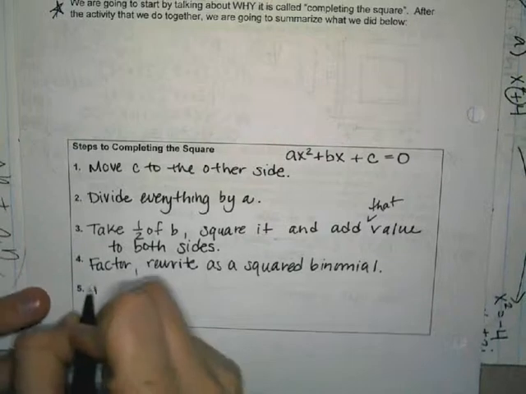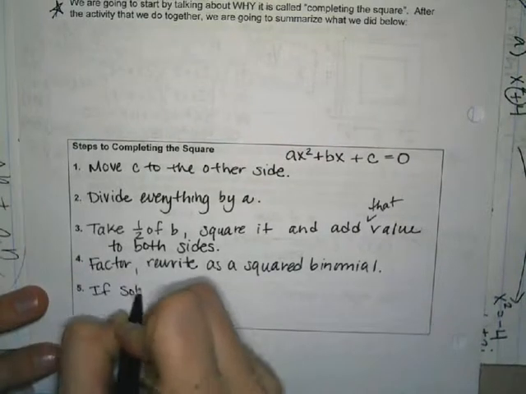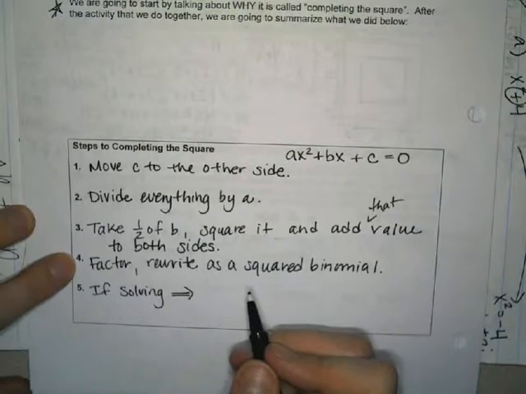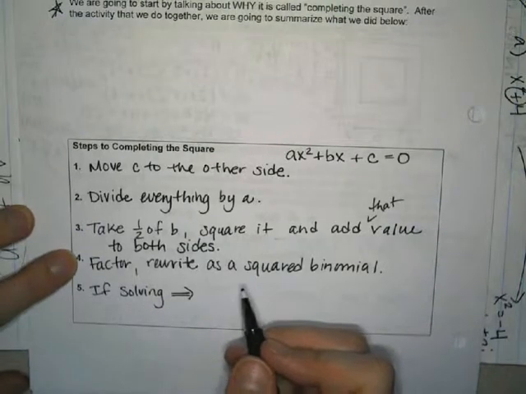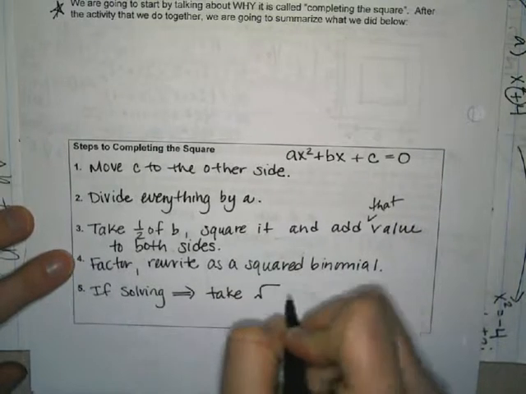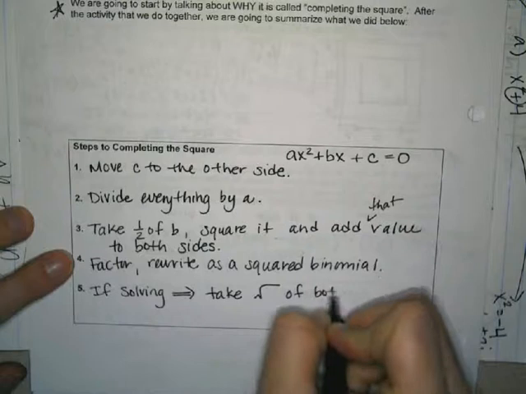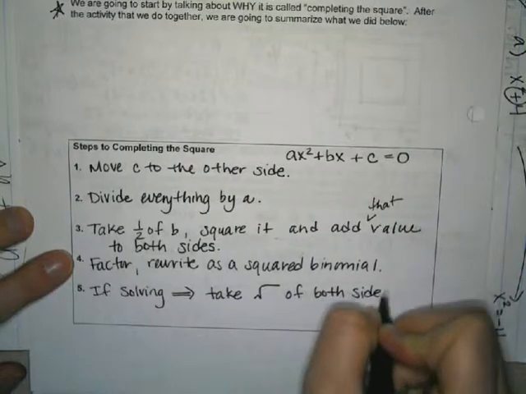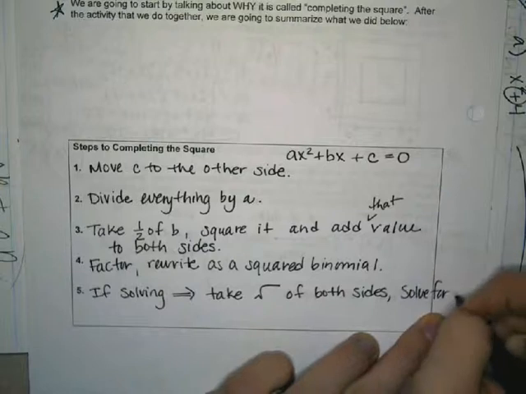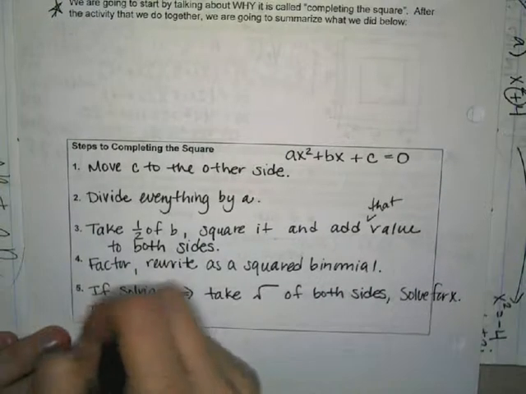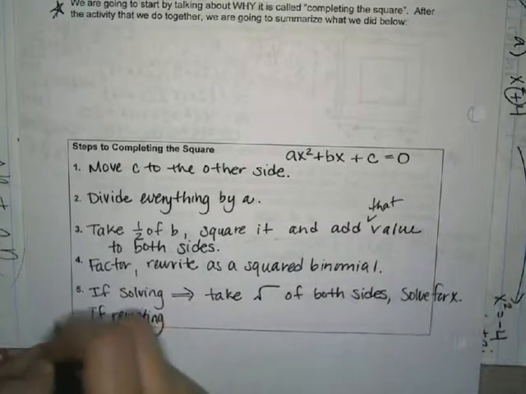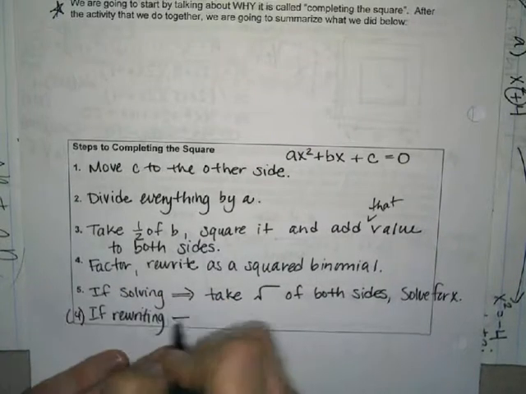If I'm asking you to solve, your next step after doing number 4 is to take the square root of both sides and solve for x. If you're rewriting, maybe you even want to mark that with a 4. Solve for y.